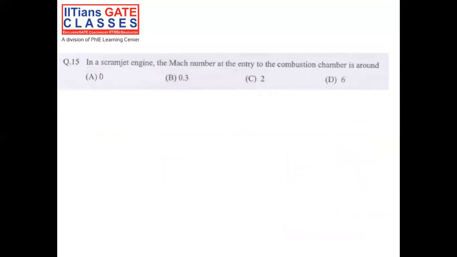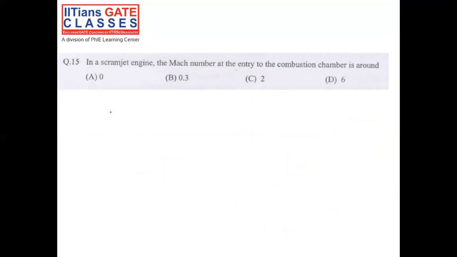Third question. In a scramjet engine, the Mach number at the entry of the combustion chamber is around which of the following? So in case of scramjet engine, we all know that the scramjet is characterized as an engine in which the combustion takes place at supersonic velocity.